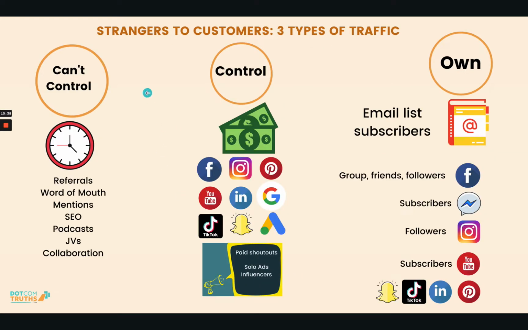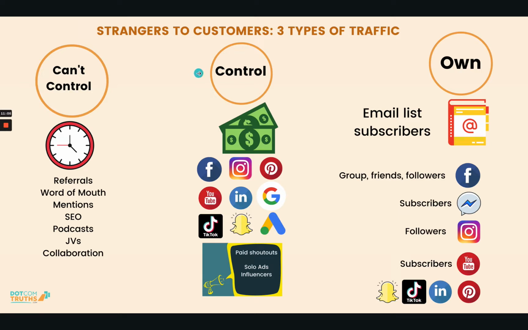The traffic that you can't control is referrals, word of mouth, people mentioning you, search engine optimization, which is basically being found on YouTube or Google, podcasts, joint ventures, and collaborations. You don't really know when or how you're going to get traffic. Yes, you can influence these happening in some way by being active and creating collaborations, but this is not exactly predictable, although it is definitely a great way to get traffic.